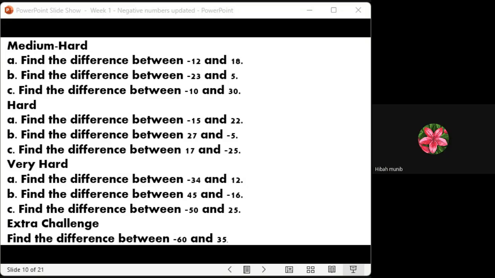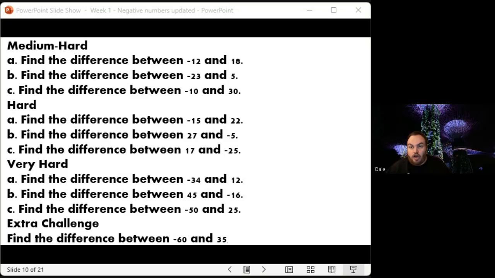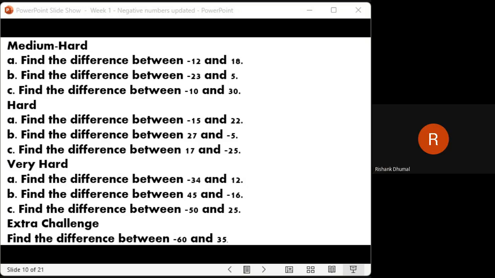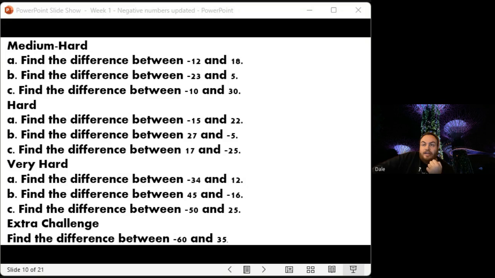Very hard B is 61. Good, excellent, well done. And then Rashad, can you give me the answer, please, to medium hard B? 28. Let's have a look. Yes, excellent, well done.